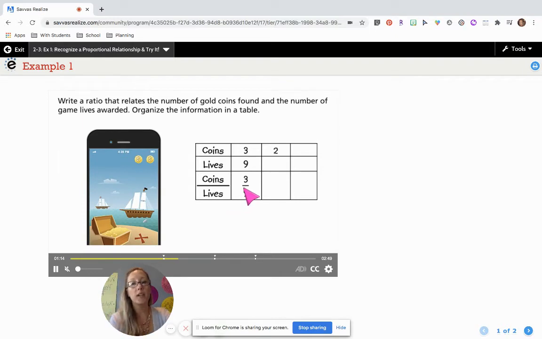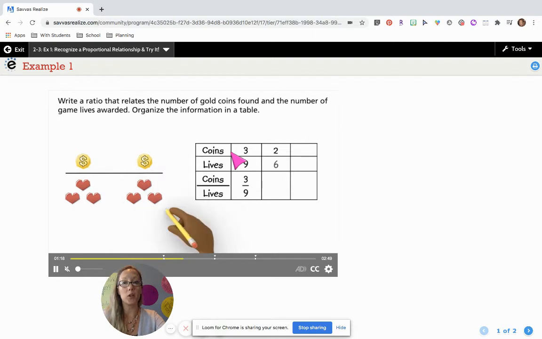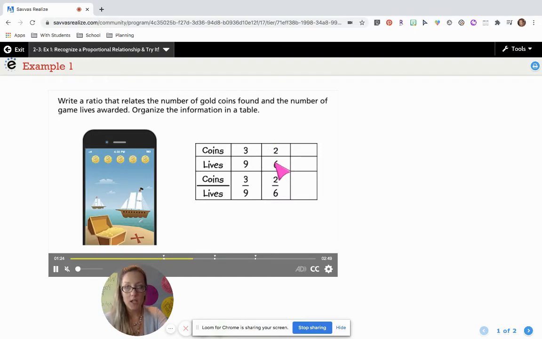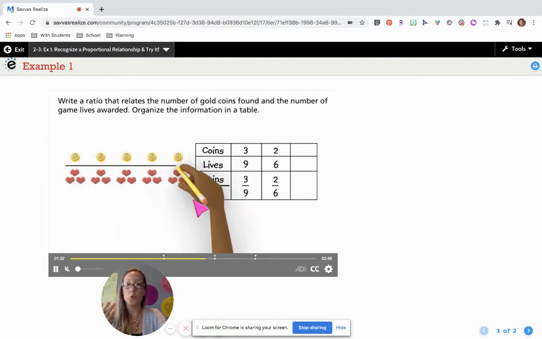Now we can organize that information in a table, and we can say, if 3 coins gave us 9 lives, then 2 coins are going to give us 6 lives. And we can take that even further. If we know our unit rate, we can use that to help us determine any number of lives. So if we have 5 coins, then we're going to have 15 lives. Why?